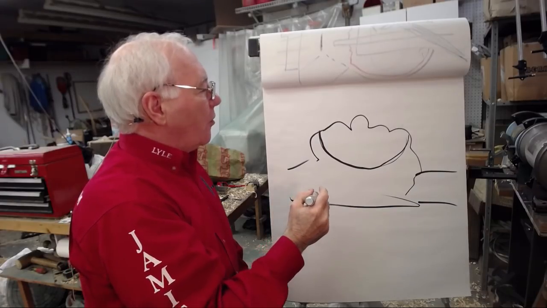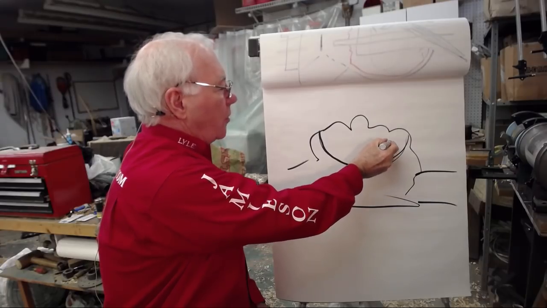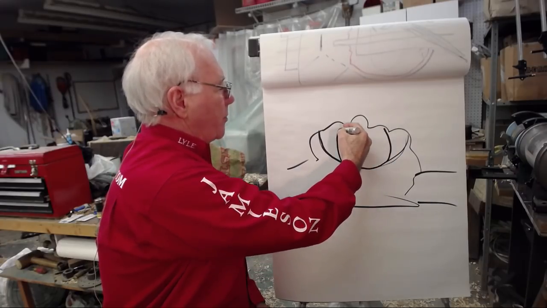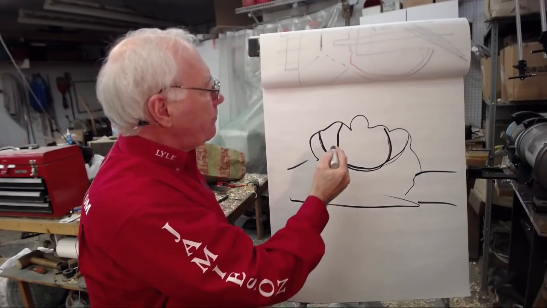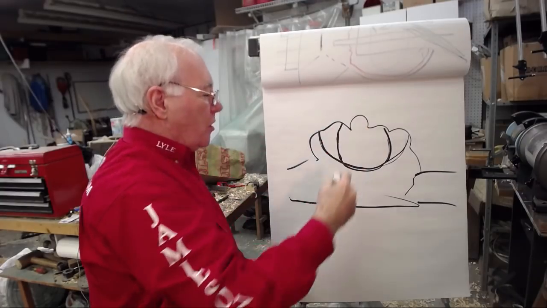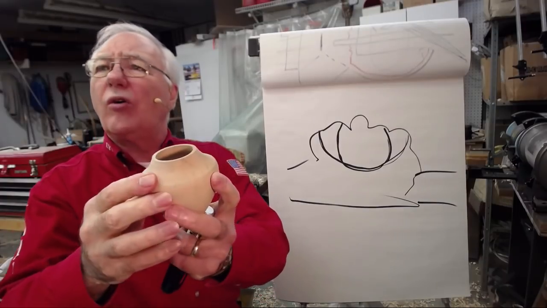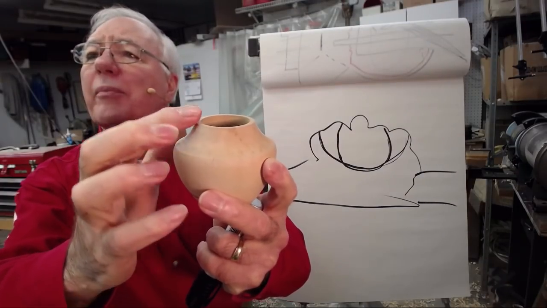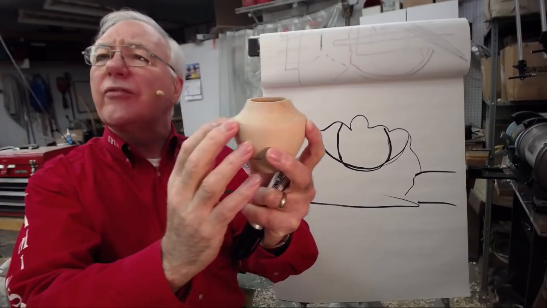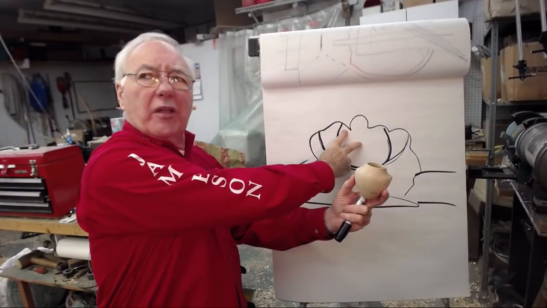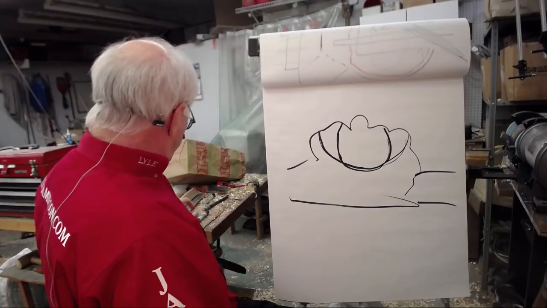Okay, now if we close that up into a hollow form and make a vessel, let's say a shape like this with a hollow form, the natural edge can also be wavy right at the top. Okay, and that would be, say, a vessel like this that has a top that can be wavy. This is not a natural edge, but if we transpose that over to here, that could be a natural edge, right?